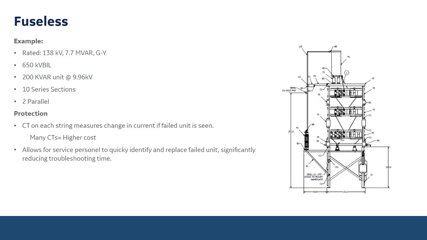The downside is you're using a CT for each string, so many CTs equals higher cost, but then you have to evaluate whether that higher initial cost will outweigh the benefits of the quick maintenance time.